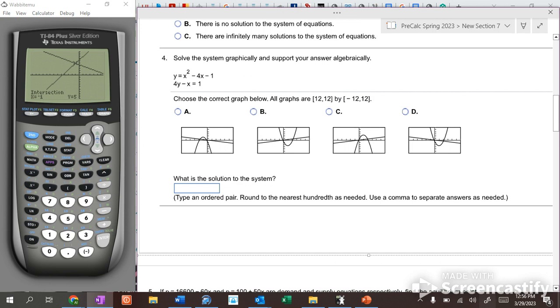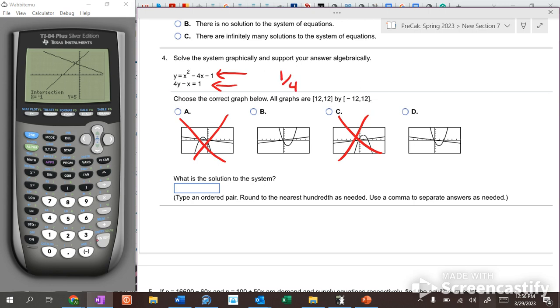Okay, this one, which two graphs can I eliminate instantly looking at this function? Since x squared is positive, it opens up, so a and c can instantly be trashed. Now, the slope of this one is negative a over b, which is positive 1 over 4.